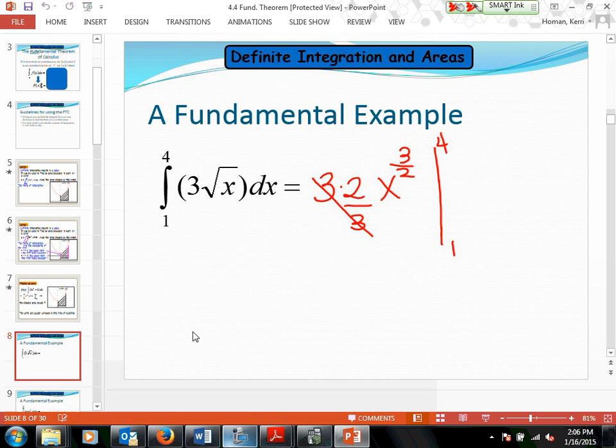Now, we're going to plug in 4. So we have 2 times 4 to the 3/2 minus, plug in 1, 2 times 1 to the 3/2. This is 3 times the antiderivative of the square root of x.